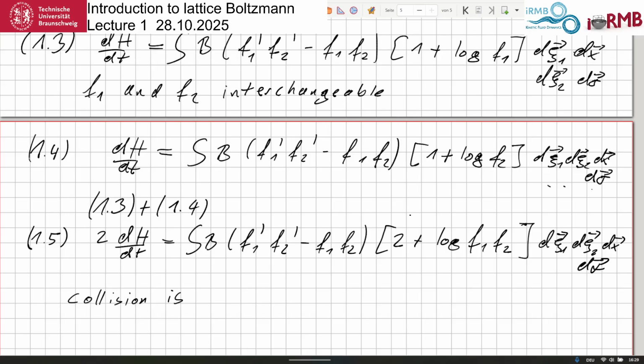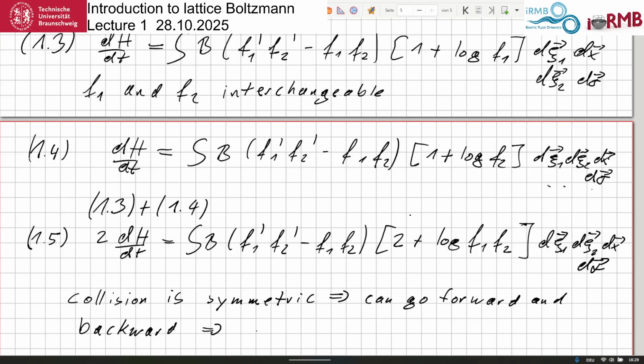Okay, let's see. So collision is symmetric, so it can go forward and backward.